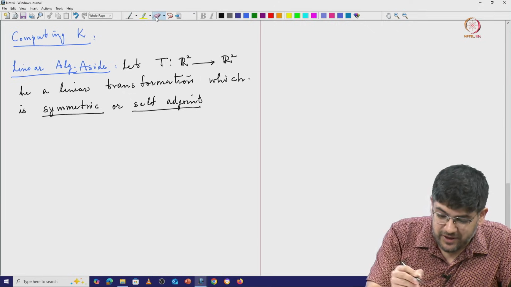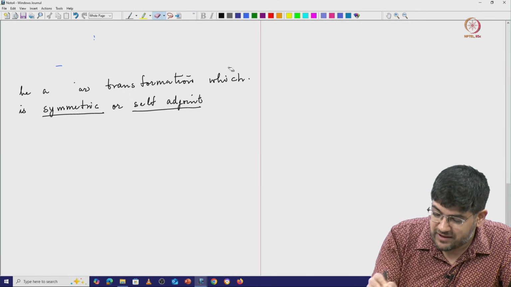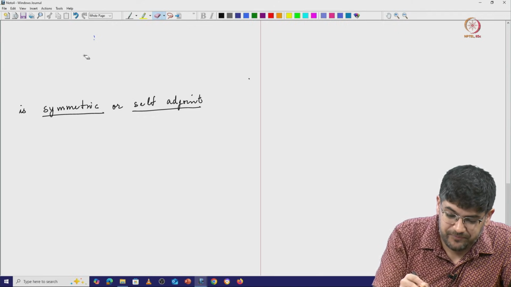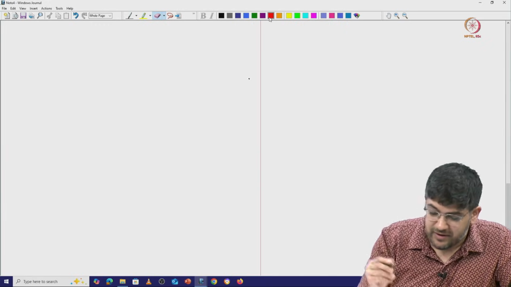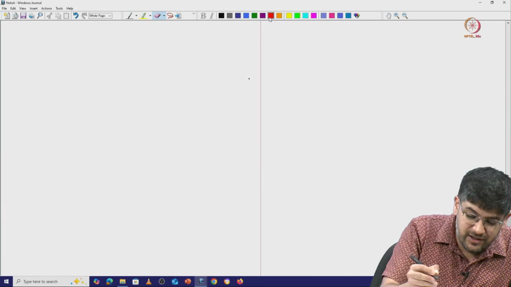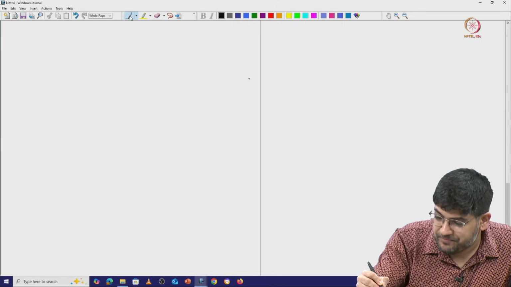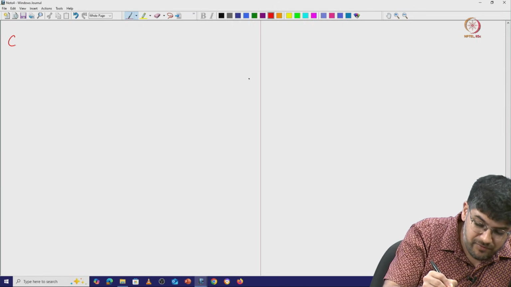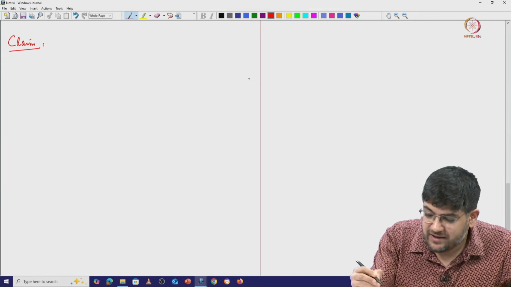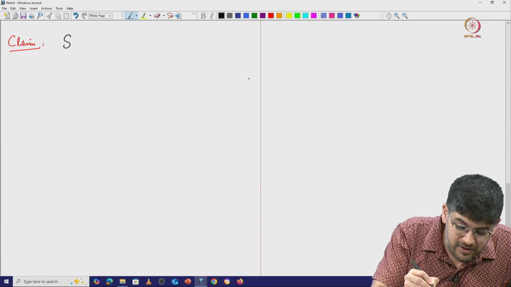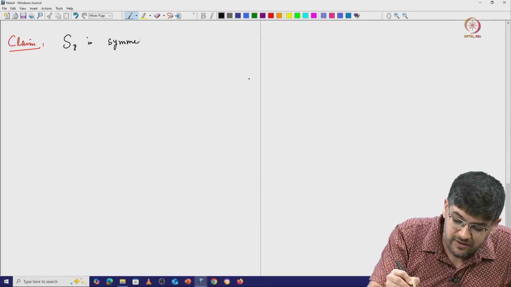Sorry, before this I needed to state one fact. So the next observation, I'll write that as a claim, is that this SP is actually symmetric or self-adjoint.